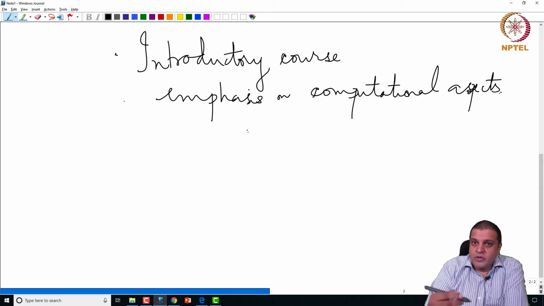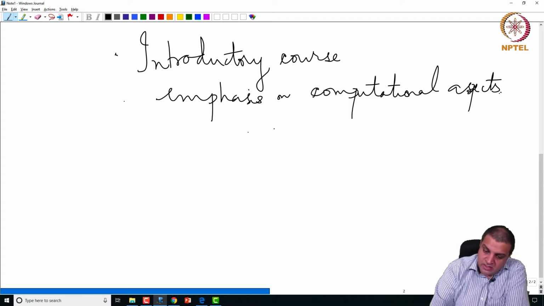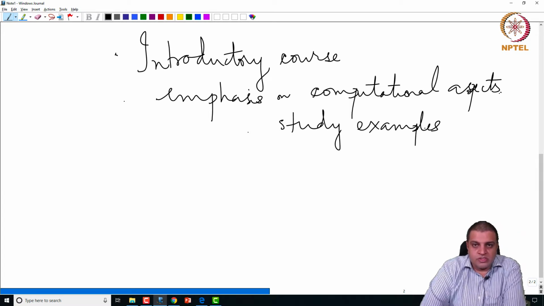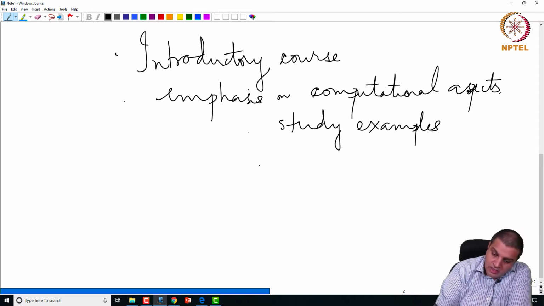So why do we care about computing things? It is an easy way to study examples, to construct examples, and also sometimes gives an idea on how to solve problems.